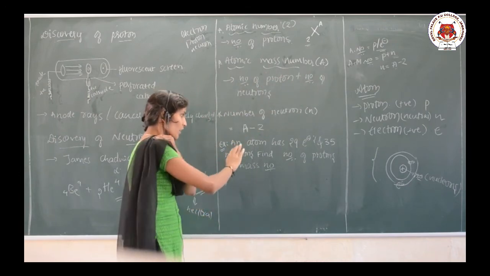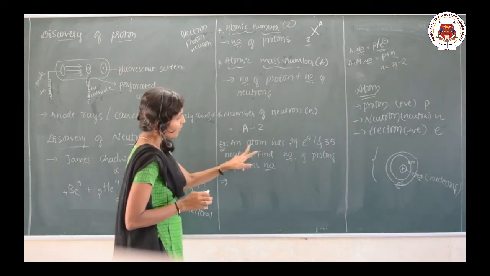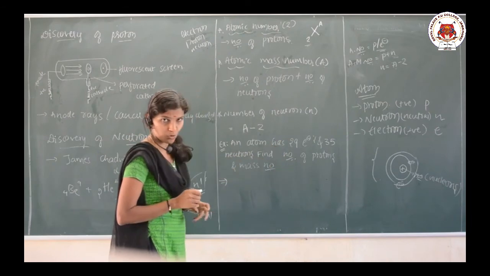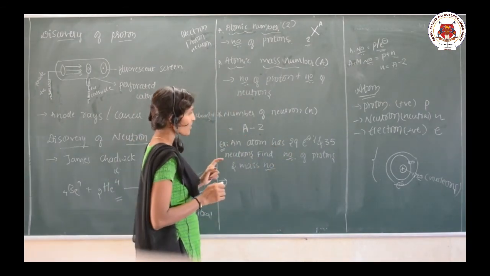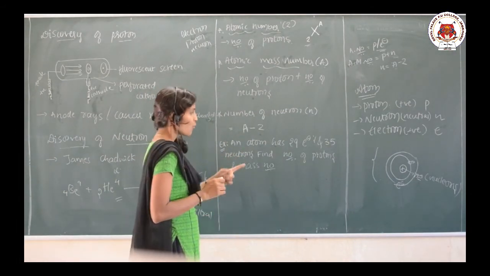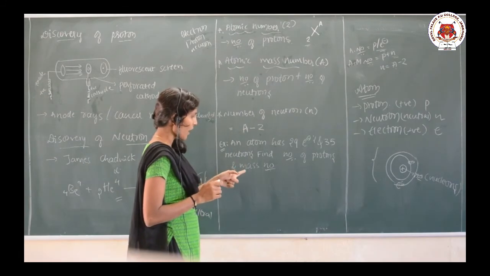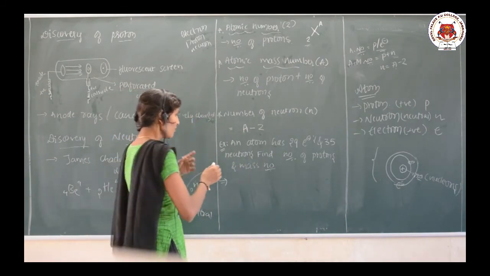So if you want clarity, here is one problem. See here, an atom has 29 electrons and 35 neutrons. Find the number of protons and the mass number.